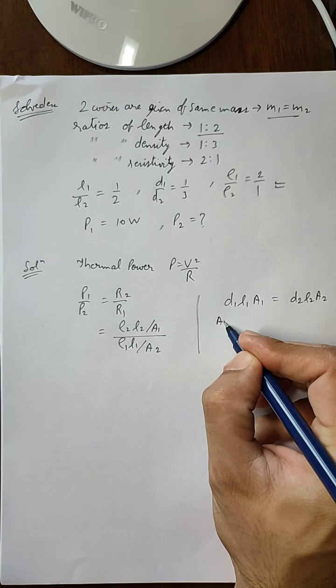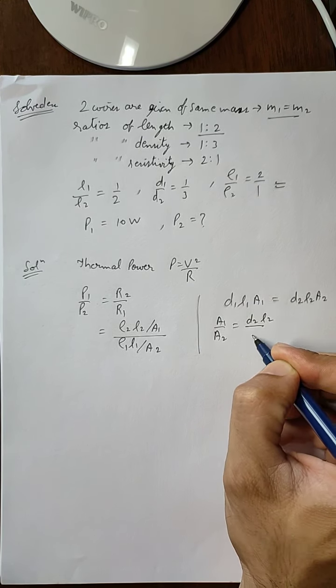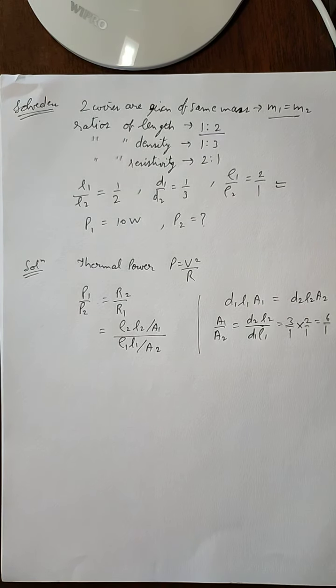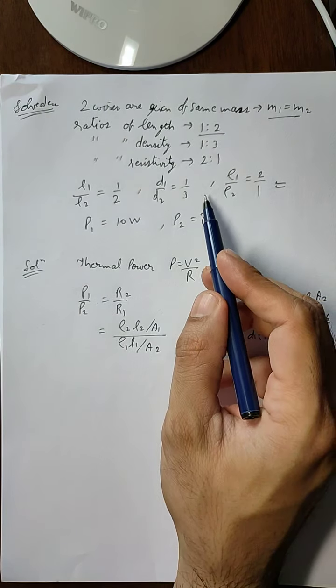So from here we can find that A1 by A2 is equal to D2 L2 upon D1 L1, and if we put the values, the ratio A1 by A2 is equal to 6/1. Other ratios are already given to us.